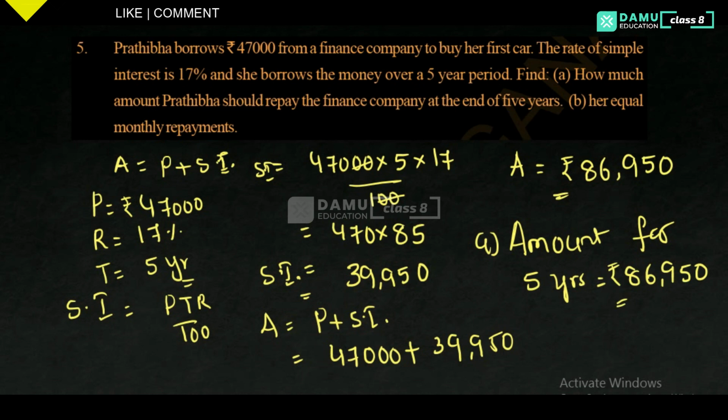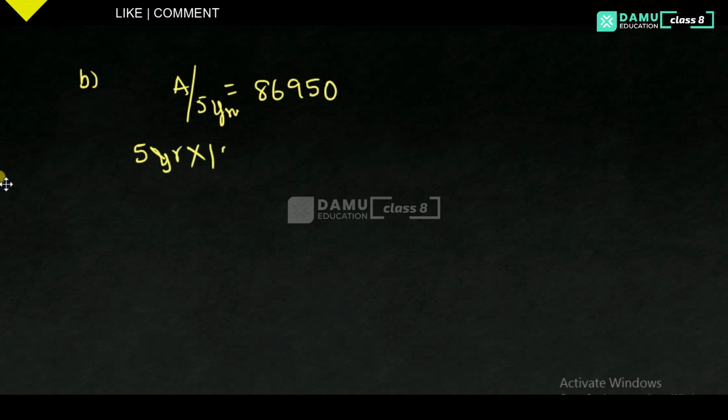Then we need to find the monthly repayments, that is B. So the amount for 5 years will be equal to 86,950 for 5 years. 5 years into how many months? 1 year will be equal to 12 months. So 5 years means 5 into 12 months.